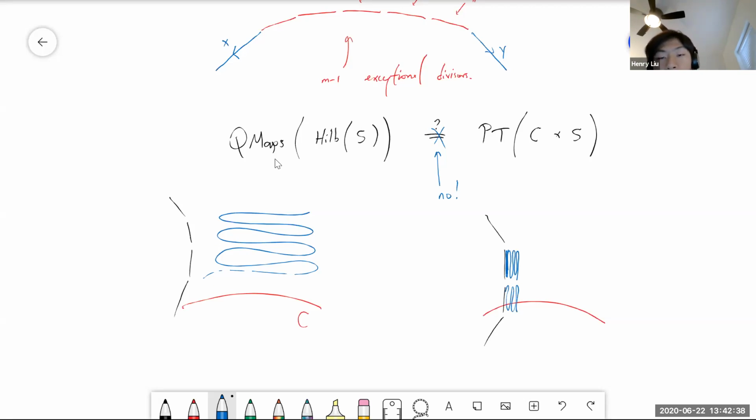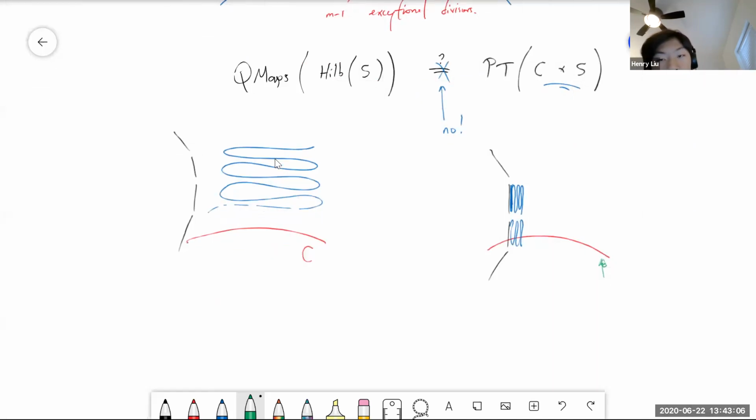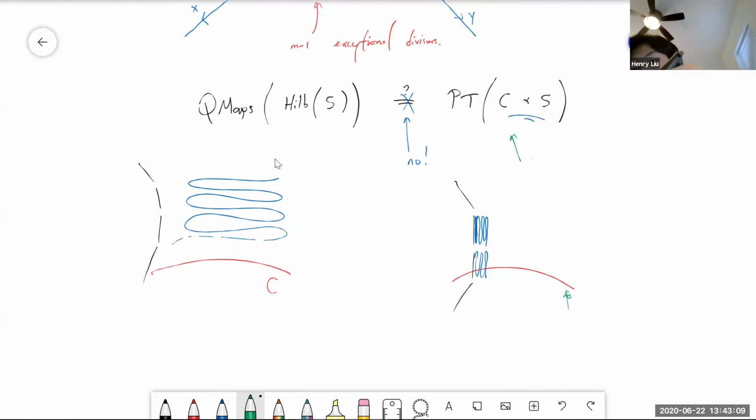It's not the case that every one-dimensional subscheme inside C times S in PT theory must have non-trivial class along the curve C. So PT theory has these unwanted curves lying purely on exceptional divisors, which we'll call E.